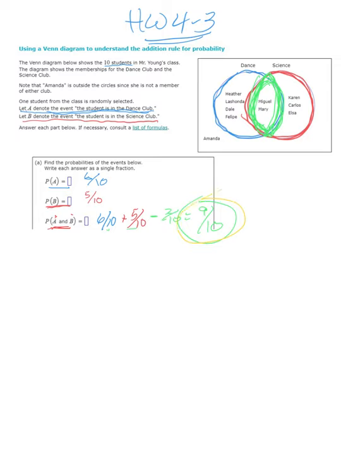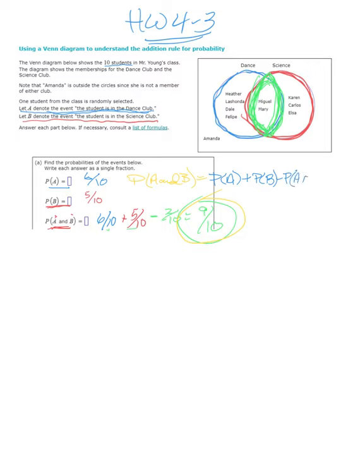So it's the probability when you have groups that have some overlap. It's the probability of A and B. If I write it out, it's going to look like the probability of A plus the probability of B minus the intersection of those 2.